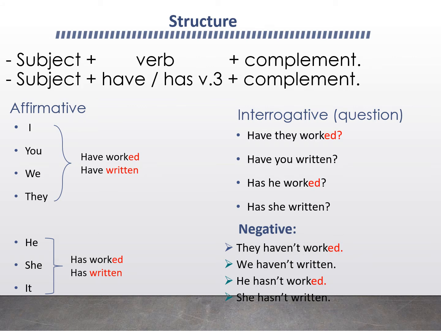Moving to the negative, to change the sentence from the affirmative to the negative, all you have to do is to add not, and not is going to be stuck with have or has. So we say they haven't worked or he hasn't worked. This is the structure of a sentence, question, and a negative sentence using the present perfect.